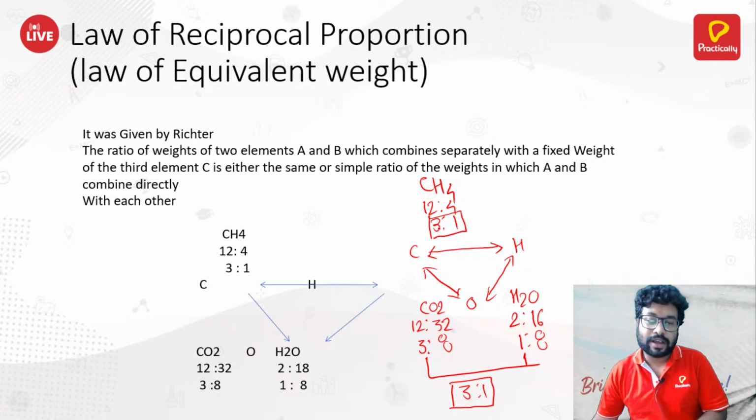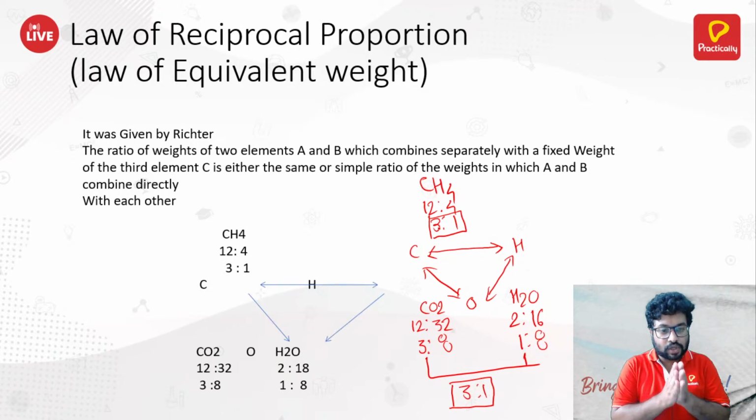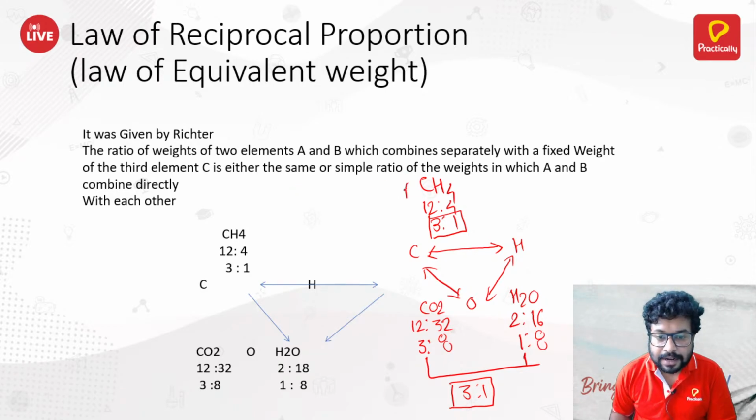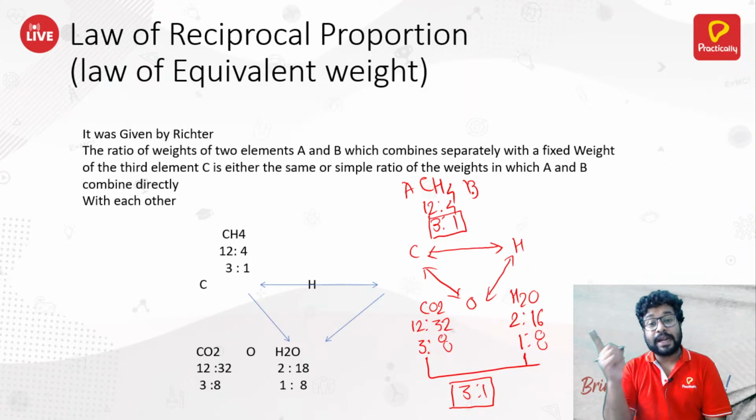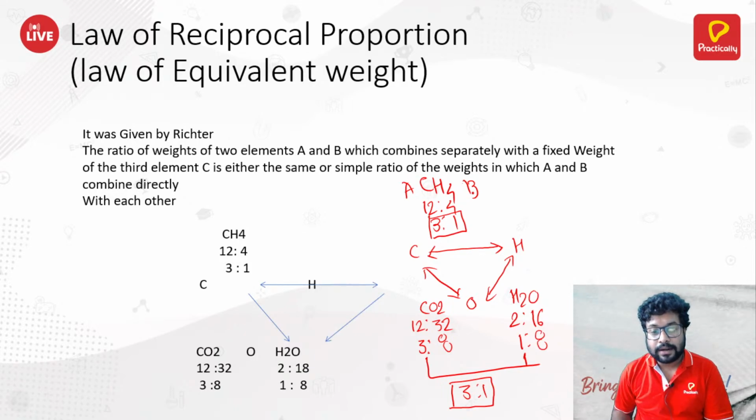That is what this law is saying. That means the ratio of weights of two elements. Which are those two elements? A and B. The carbon is A, hydrogen is B. The ratio of weights of two elements A and B, which combine separately with the fixed weight of the third element. What is that third element?